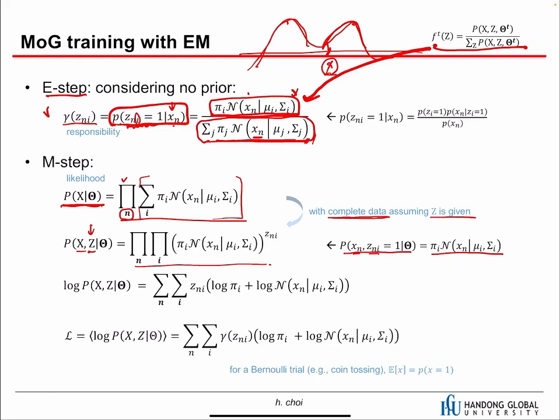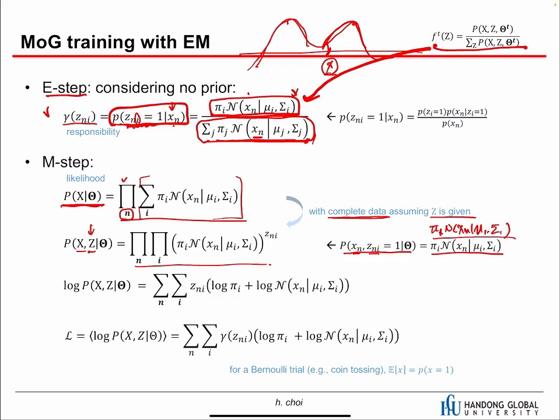That's simple. It means if x_n belongs to the first cluster, then pi 1, mu 1, sigma 1. So this is the probability if x 100% belongs to the first cluster.